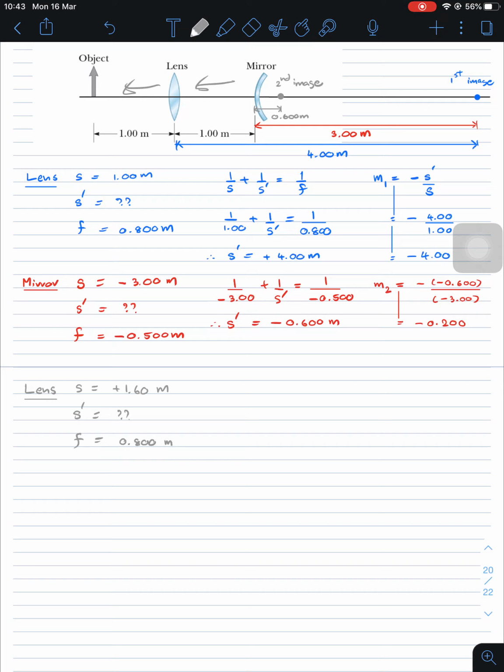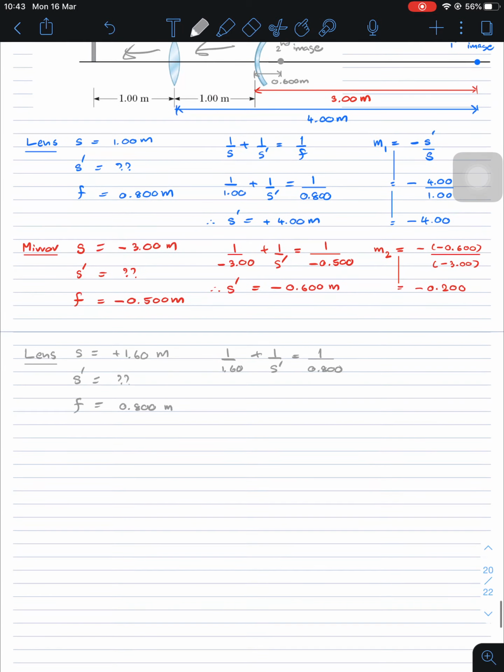From this equation, 1 over S plus 1 over S prime equals 1 over F, we can solve for the S prime. S prime here is equal to plus 1.60 meter.